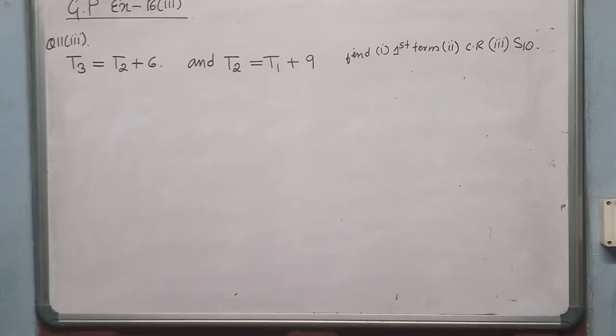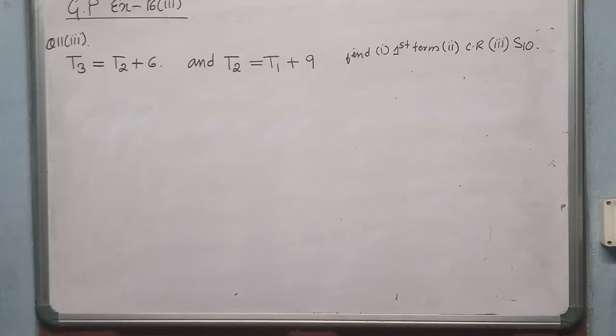In a GP, the third term exceeds the second by 6, and the second term exceeds the first by 9.